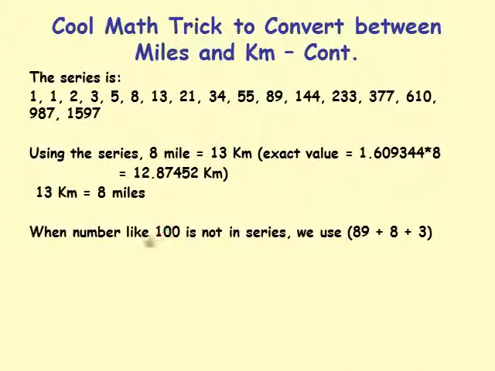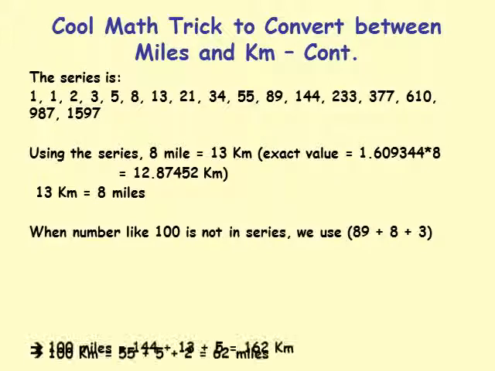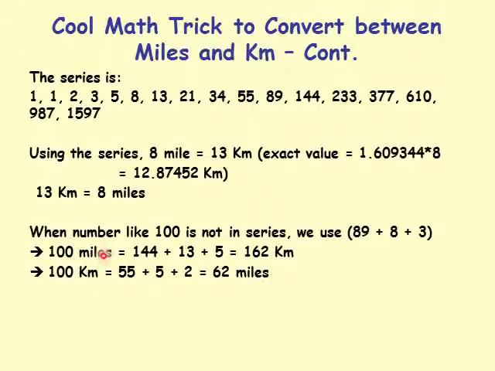Let's see, if a number like 100 is not in the series, what do we do? We split the number into other numbers which add up to it. 89 plus 8 plus 3 is 100, so we'll use those numbers. 89 is here, 8 is here, and 3 is here. To convert 100 miles to kilometers, we take 89, and 1 to the right is 144.